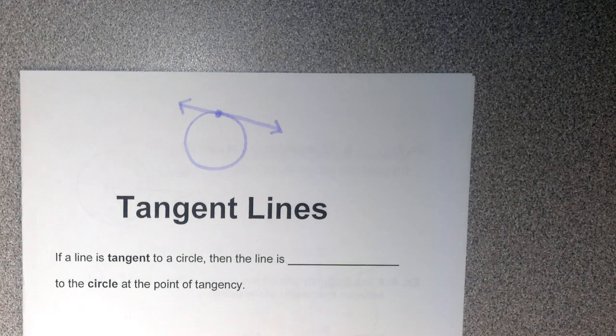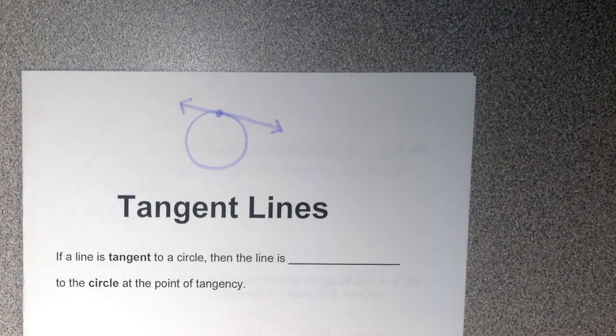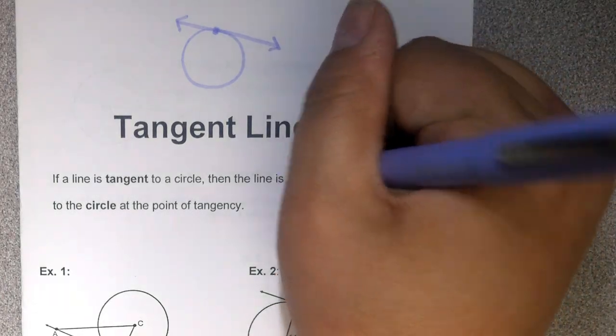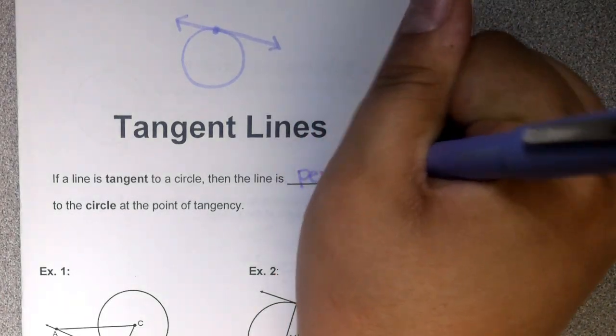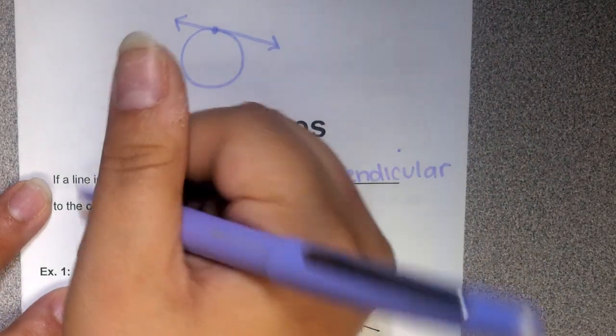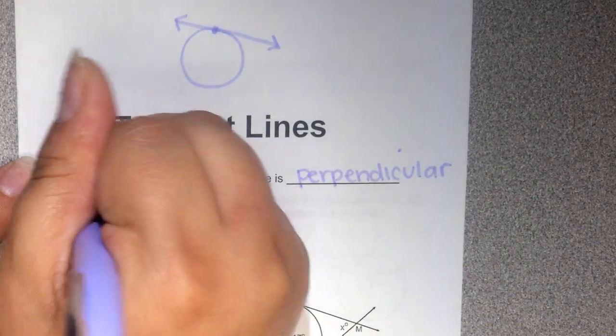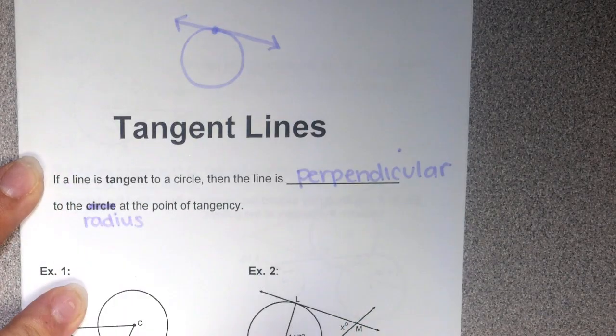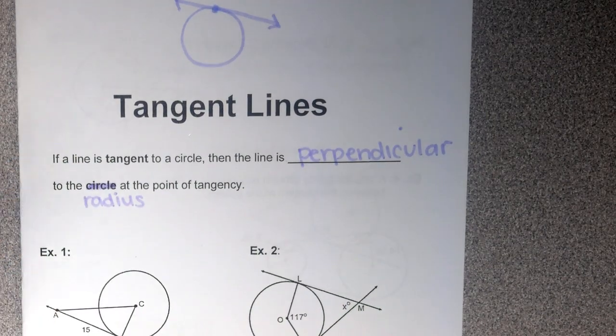Now, we learned last week on Wednesday when we did our vocabulary that if a line is tangent to a circle, then the line is perpendicular. I don't want you to write circle. Can you scratch that out? I want you to write to the radius at the point of tangency.